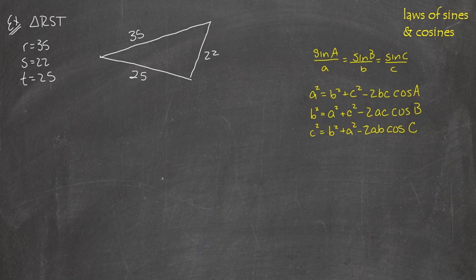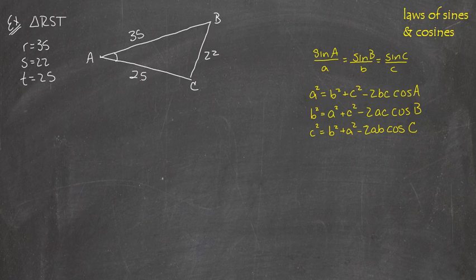So first, let's find an angle. Let's give these angles letter labels. Let's call this angle A, angle B, and angle C. And I'm looking for angle A. Well, I can't use the law of sines because I don't have any angle measures in my given information. But I do have all 3 side lengths, and the law of cosines is designed to give me side lengths, which I already have.